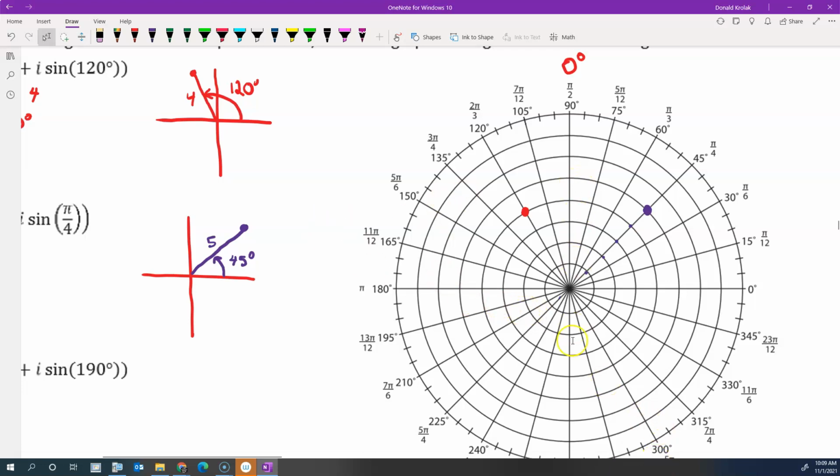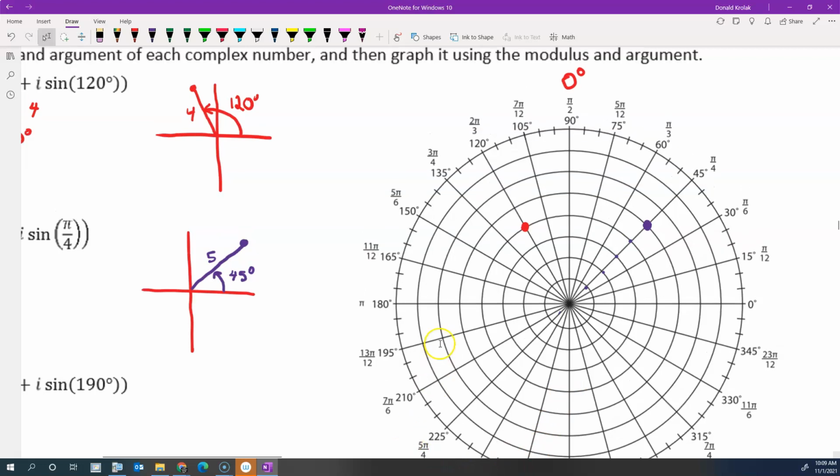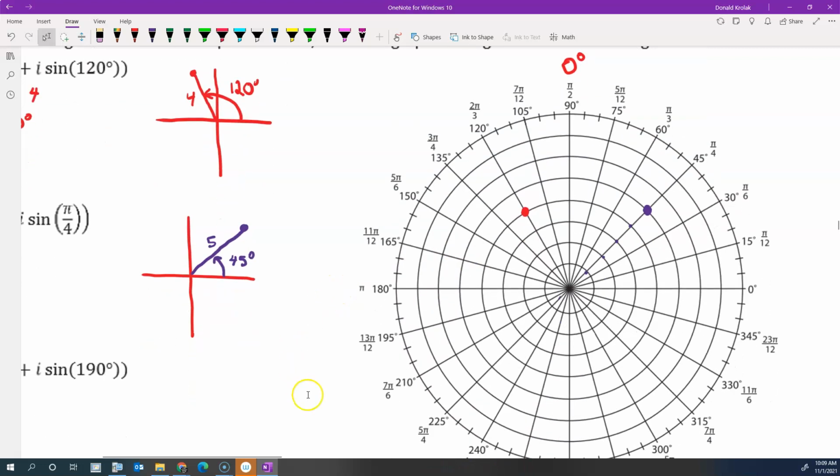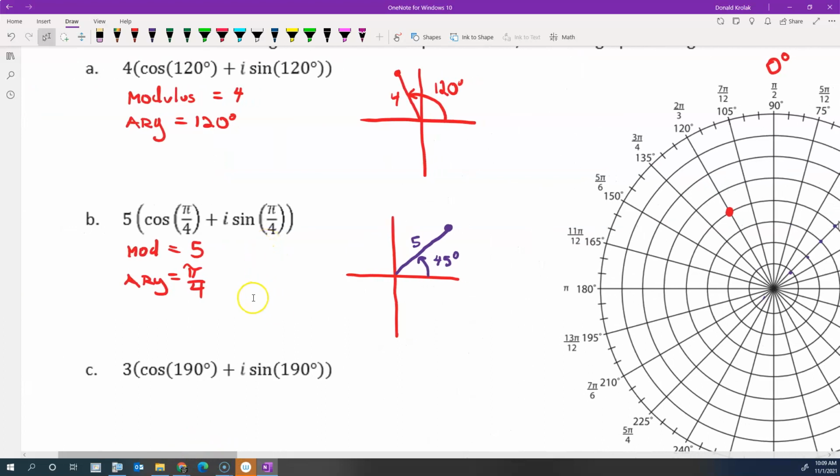What is the plus I? Okay, so this right here is just another way of writing a complex point. All right, so for example, what's this thing the same as?